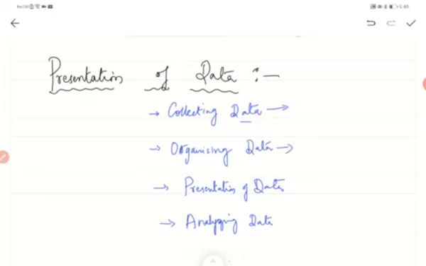So once I get all my groceries from the shop, when I reach home I will organize all the things in their places, right? So why do we organize the data? Why do we organize things? Once I come back from the grocery shop, I will put the salt in one particular place in the kitchen, right?